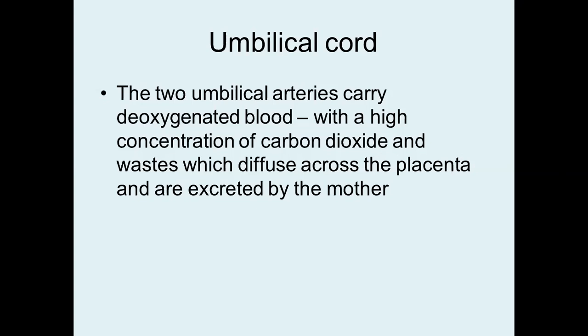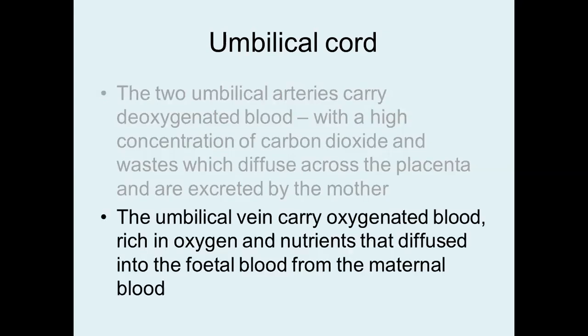So they go into the body of the mother, and the carbon dioxide would obviously, when it gets to the lungs, pass out with the carbon dioxide that the mother had produced when she breathes out, and the nitrogenous waste substances would be filtered out by the kidneys and would then be excreted in the mother's urine. Okay, so she just passes out these waste substances together with her normal waste substances.